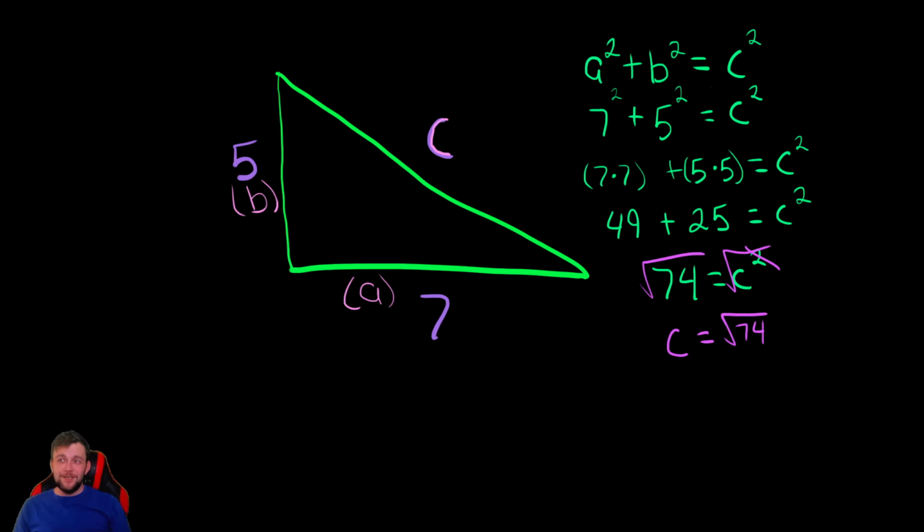It's going to be somewhere, it's like 8.8, I think. No, 8.7. The square root of 74 should be like 8.7. Let's see how close I am. The square root of 74. It's 8.6. Dang it. I was off by 100th.